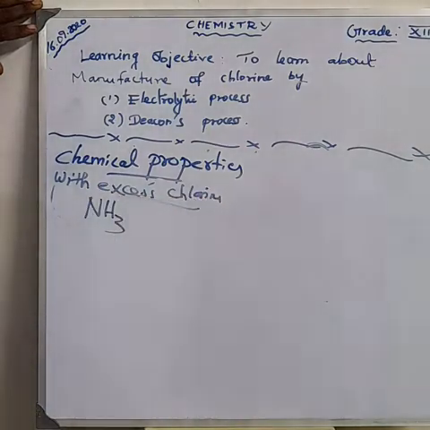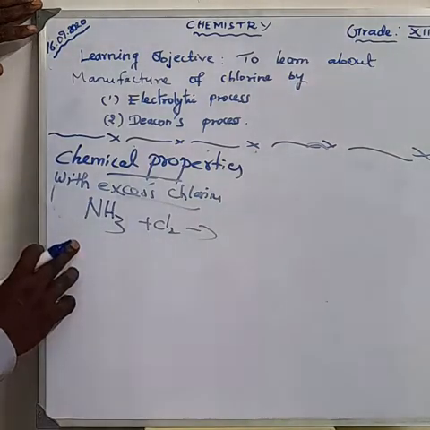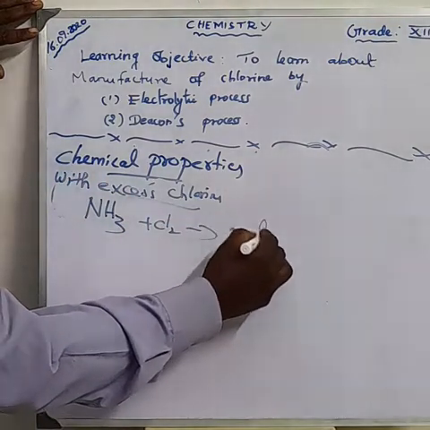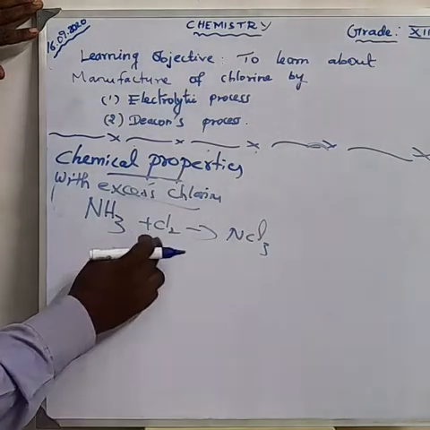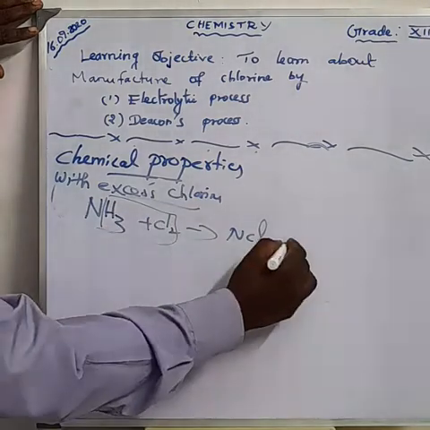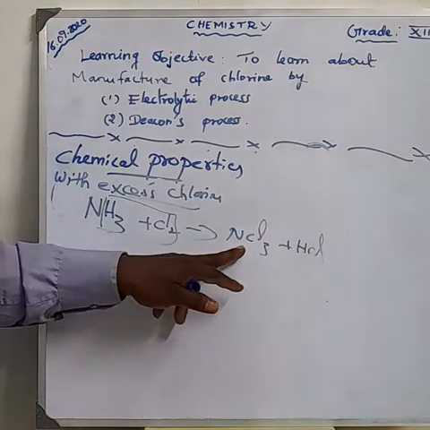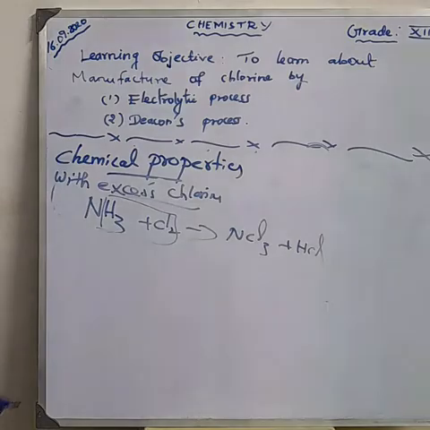Ammonia reacts with chlorine, so what's the product? Nitrogen trichloride, that is NCl3, and also hydrogen combines with chlorine to form HCl. This is one of the new compounds, nitrogen trichloride. How can you balance the equation here?